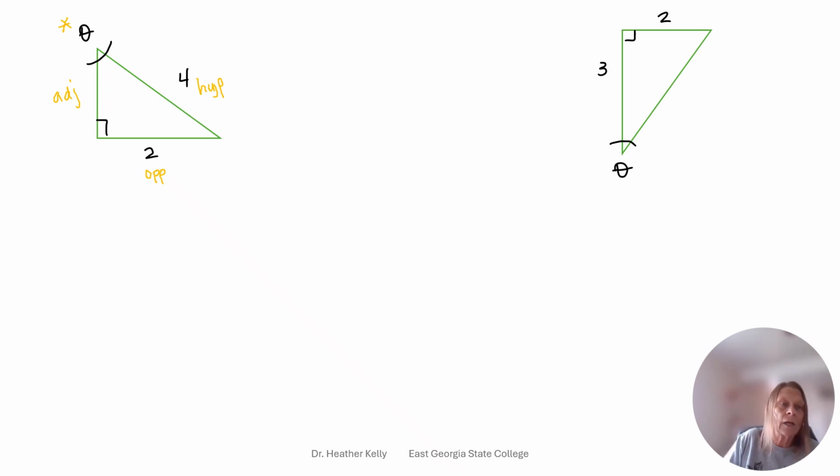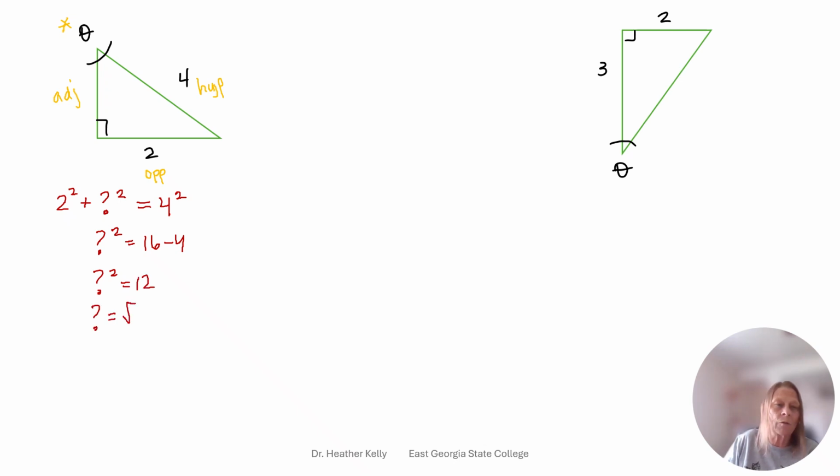Okay, so let's find our side here. So we've got 2 squared plus, we don't know, that other side squared is equal to 4 squared. We don't really have to be all that technical, right? So our missing side squared is equal to 16 minus 4. So our missing side squared is equal to 12. So our missing side is equal to the square root of 12.